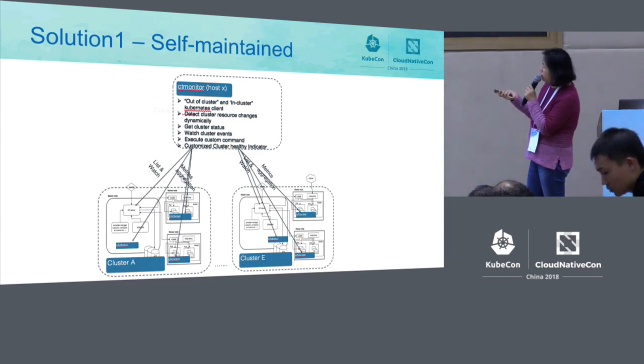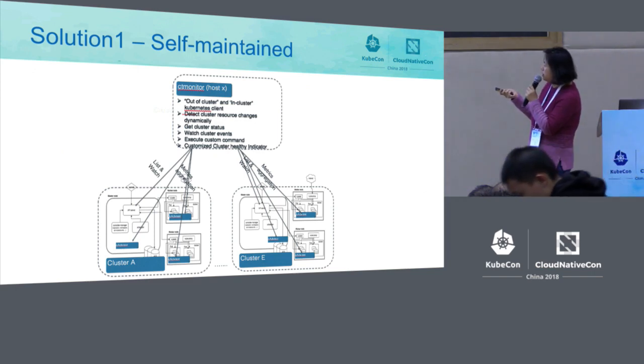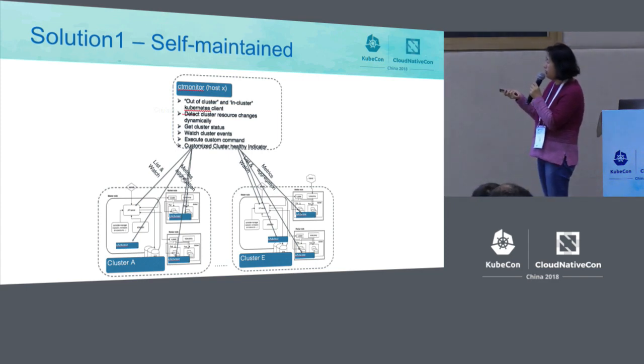This is a Kubernetes client. It can monitor the resource changes of the cluster and get the situation of the clusters, and it can watch all of the problems internally. So we can take it as metrics, and you can ask for customized commands. You see this task is complicated.